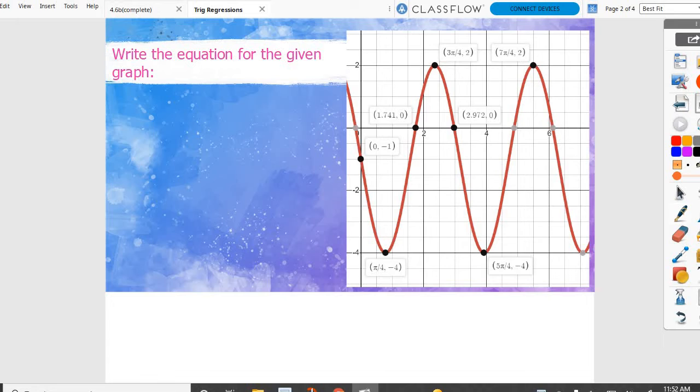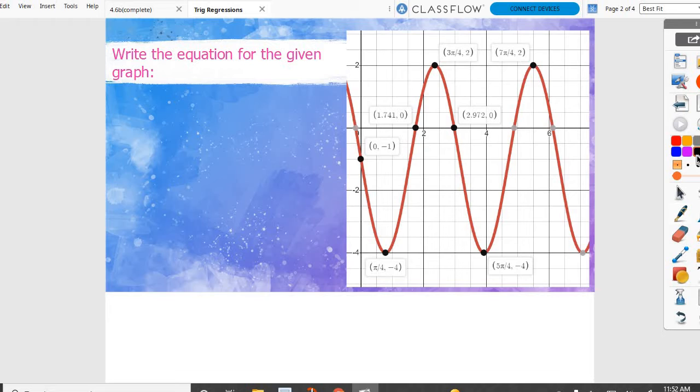So hopefully we remember how many transformations we talked about in our previous sections? We had 4. Do you remember what they are? Which one tells us how high and low we go?